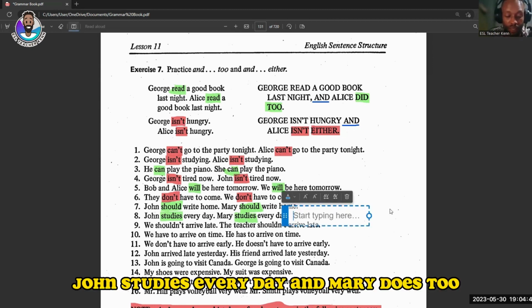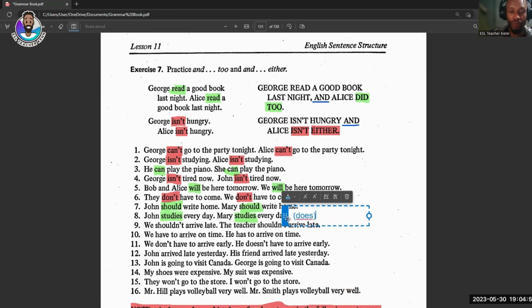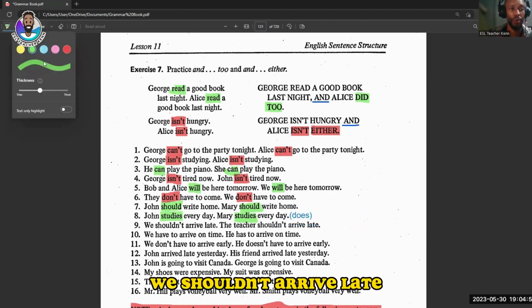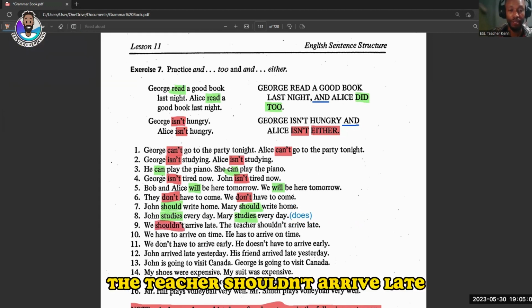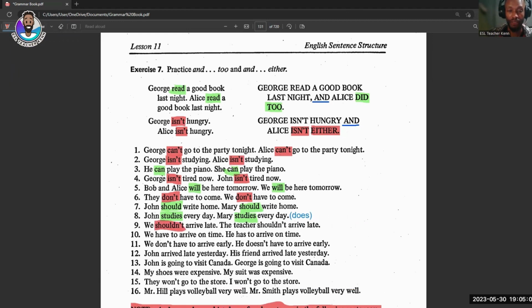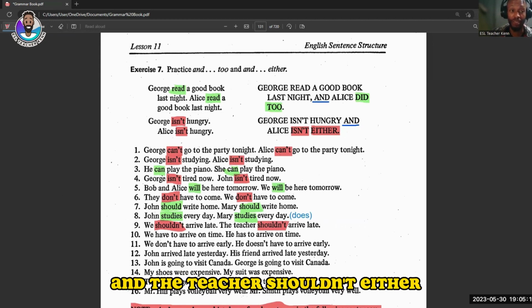John studies every day, and Mary does too. We shouldn't arrive late. The teacher shouldn't arrive late. We shouldn't arrive late, and the teacher shouldn't either.